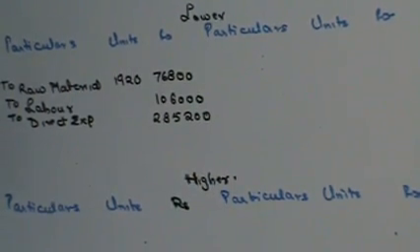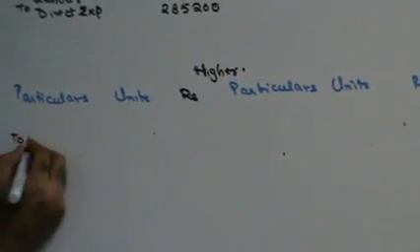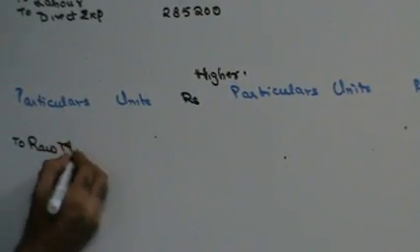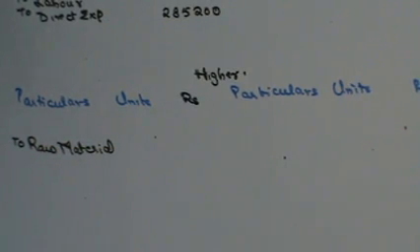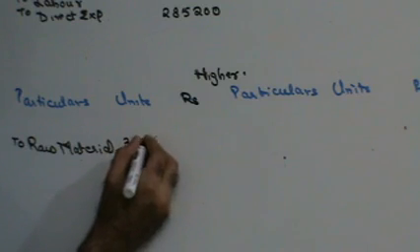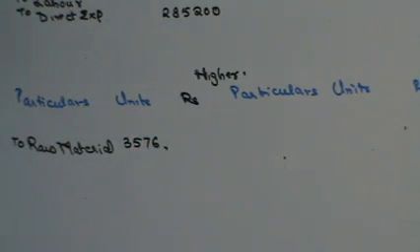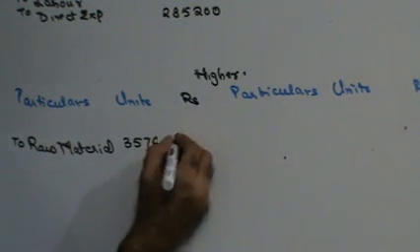Next, let's see the higher process. In higher process, they give you raw material. Raw material is given to you as 3,576 units at the rate of 80 rupees per unit, which will be 2,86,080.